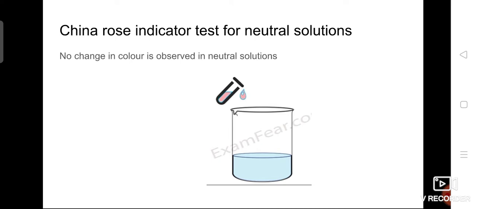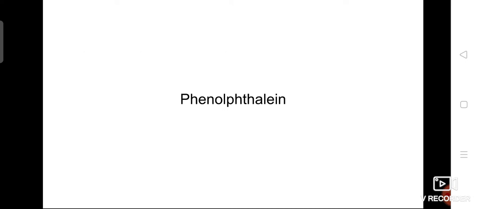Suppose after adding the China rose indicator the solution turns green, which means the given unknown solution is basic in nature. Suppose no color change is observed, it is a neutral solution. So till now we have seen three natural indicators. Now we are going to see a chemical indicator.